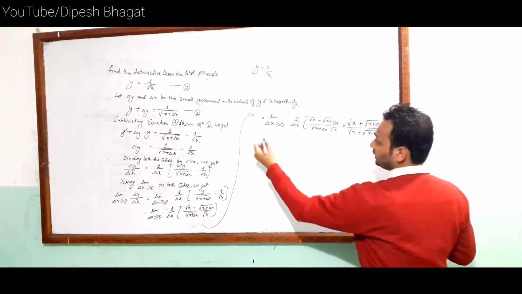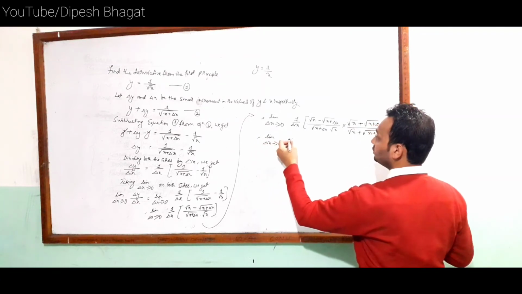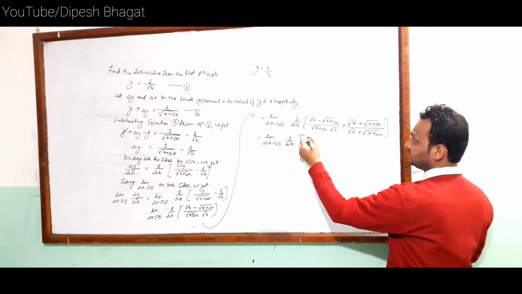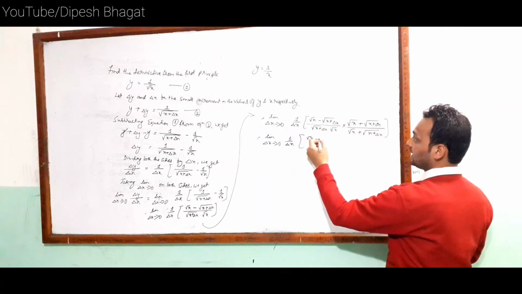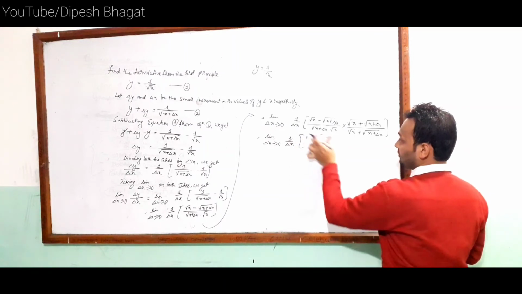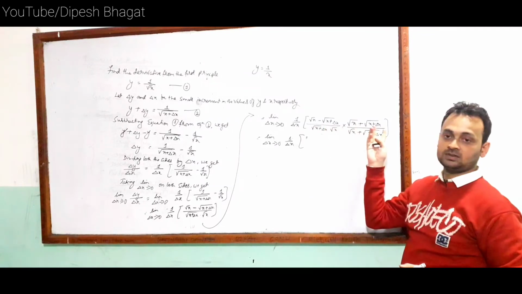So in this way we can rationalize this part. Clear? Now after the rationalization, limit delta x tends to 0, 1 by delta x. Let this portion be as it is, delta x minus root x. See, this is in the form of a minus b, a plus b.